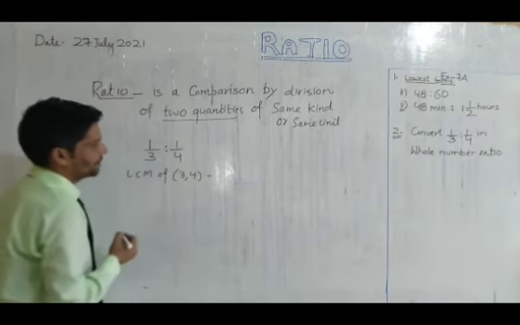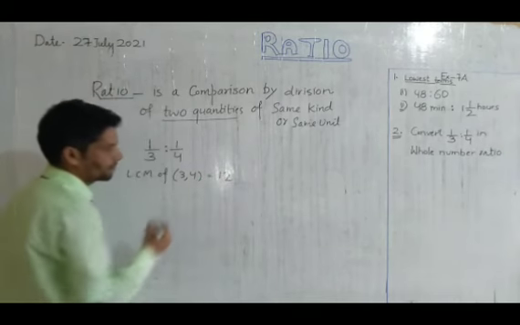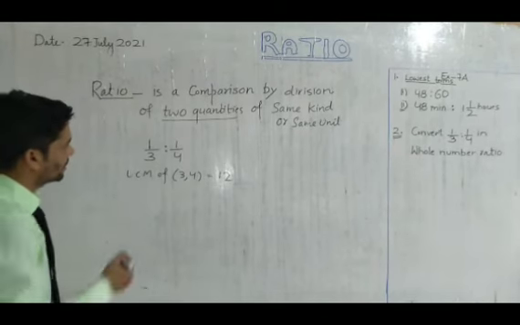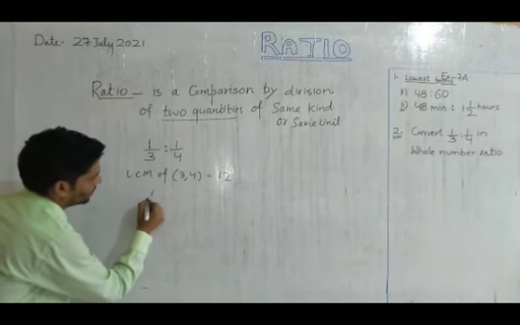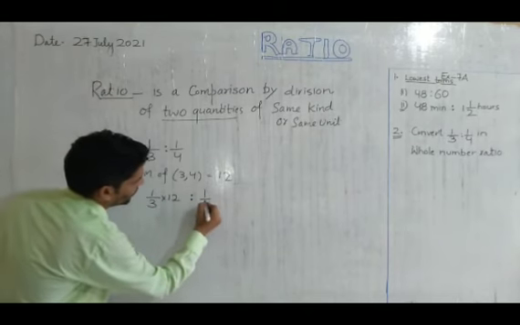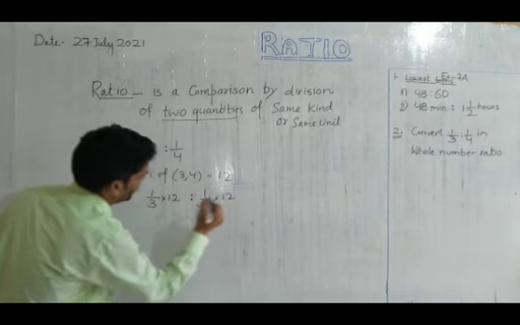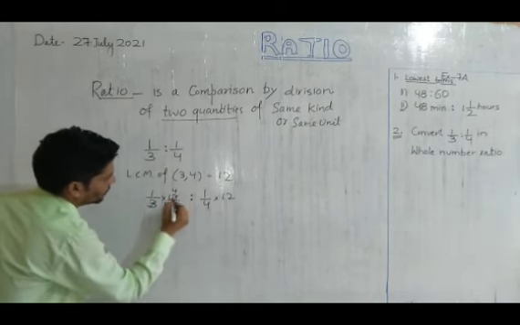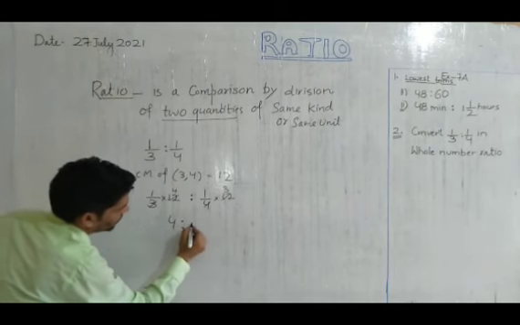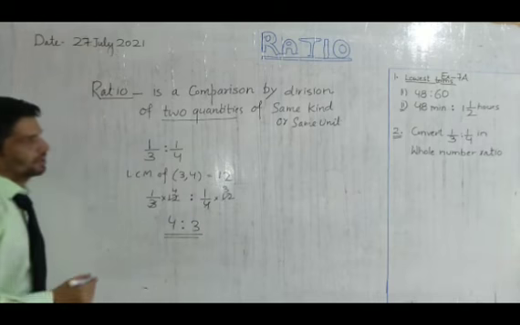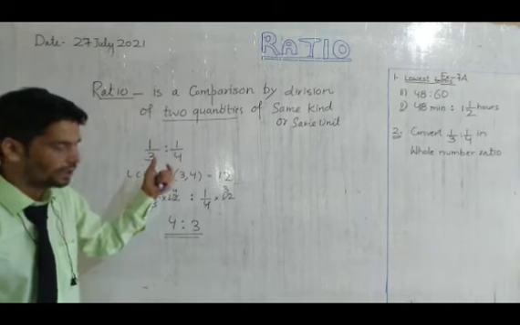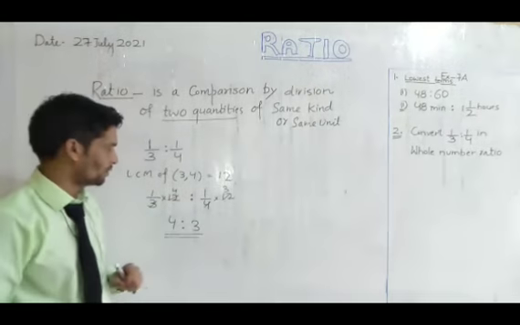What is the LCM of the denominators? That is 12. So convert these two ratios by multiplying with 12. So we can convert it: 1/3 multiplied by 12, ratio 1/4 multiplied by 12. It comes 3 fours are 12, 4 threes are 12. The ratio comes 4:3. Okay. This is the method to convert a fractional ratio into whole number ratio.